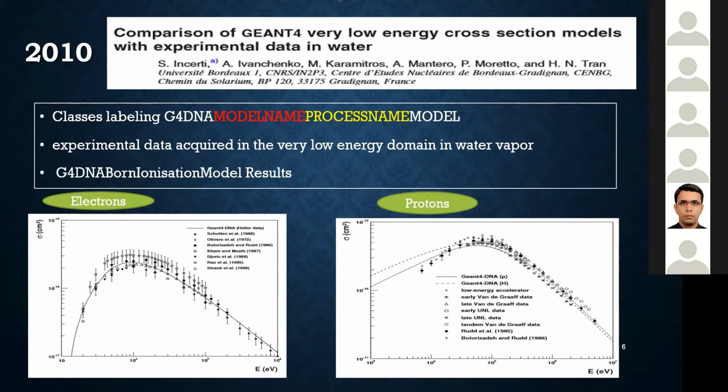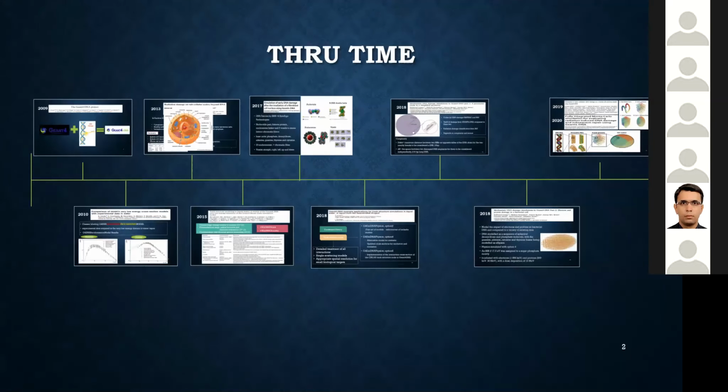As you can see here, for electrons and protons, the Born ionization model has a very good agreement with many of the experimental data. So we see that they are making a validated toolkit.